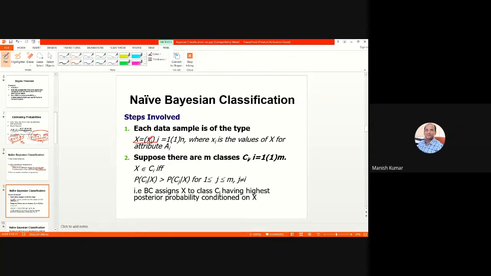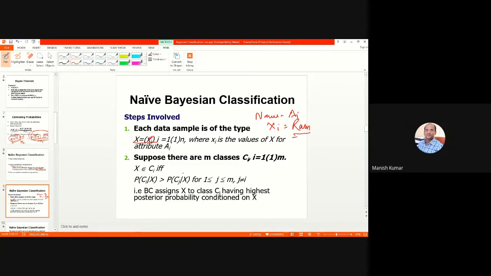We are assuming it has n features, where Xi is the value of X for attribute Ai. For example, if the attribute Ai is name, then small xi is the value, say the name is Ram.